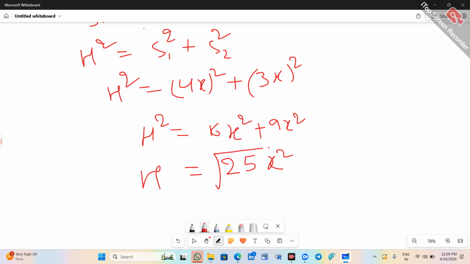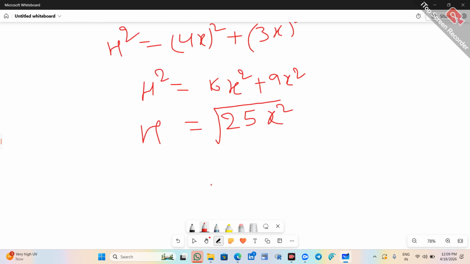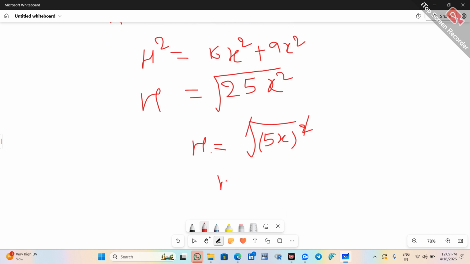If we transfer the square to the other side, it will become a square root. These are the basics. Hypotenuse equals the square root of 25x square, which we can write as 5x whole square. So the square and root will get cancelled and h equals 5x.